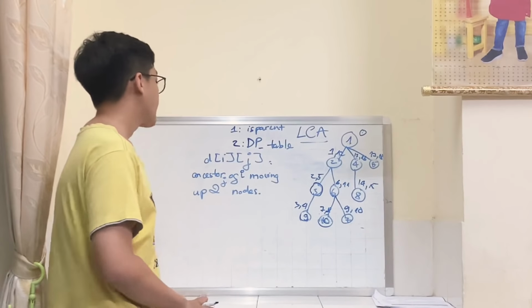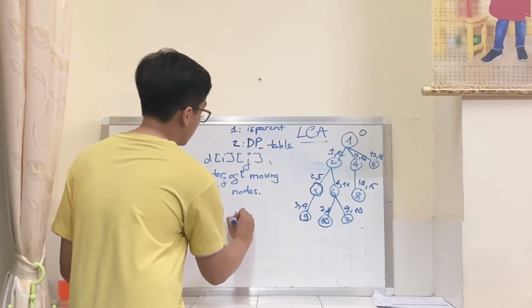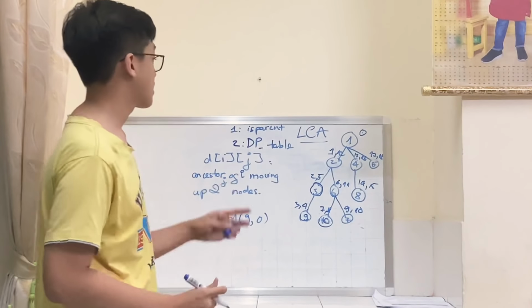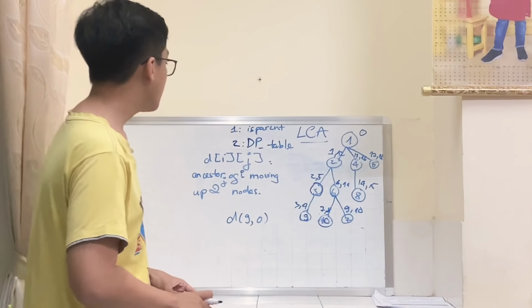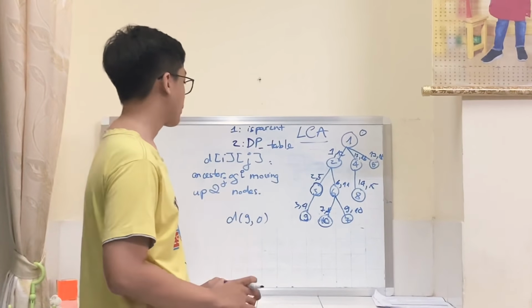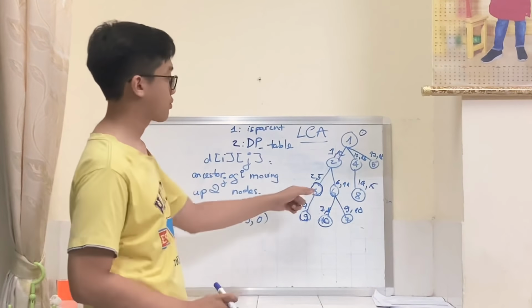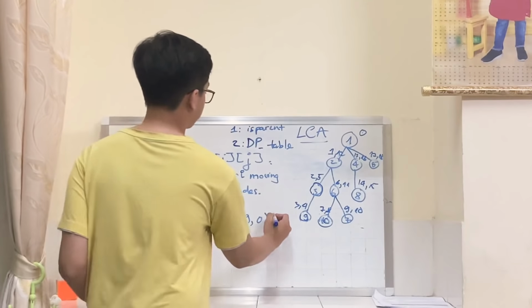For example, D[9][0] is the ancestor of 9 by moving up 2 to the power of 0, which is 1 node, so it will be the parent of 9, which is 3.